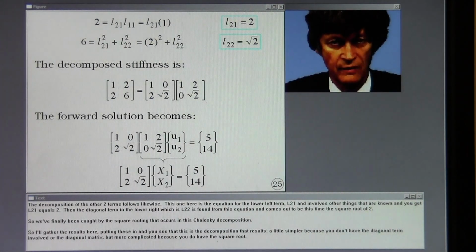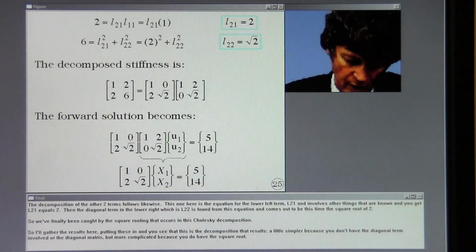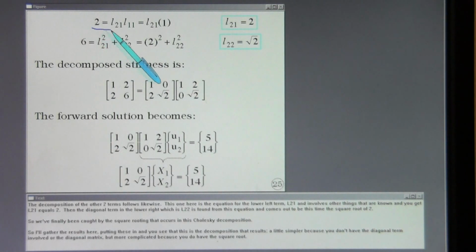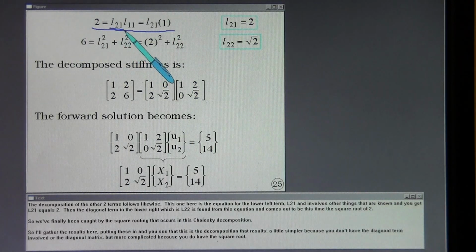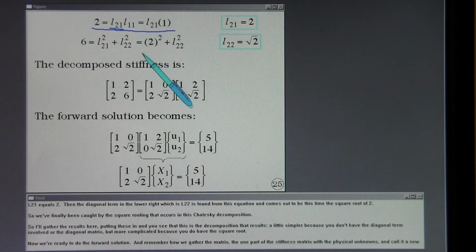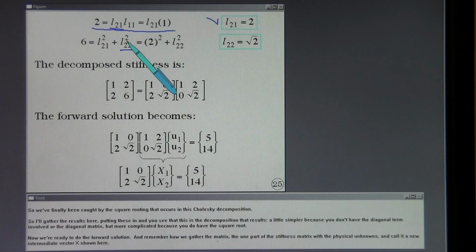The decomposition of the other two terms follows likewise. This one here is the equation for the lower left term, L21, and involves other things that are known. And you get L21 equals 2. Then the diagonal term in the lower right, which is L22, is found from this equation and comes out to be this time the square root of 2.